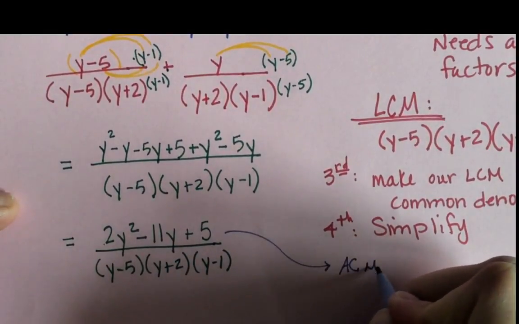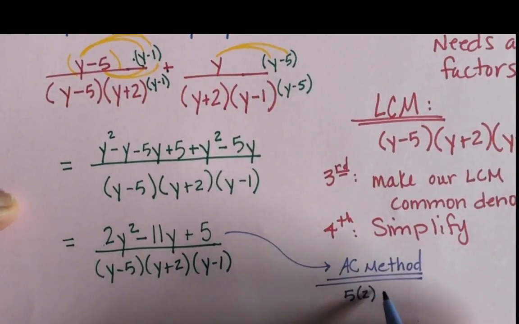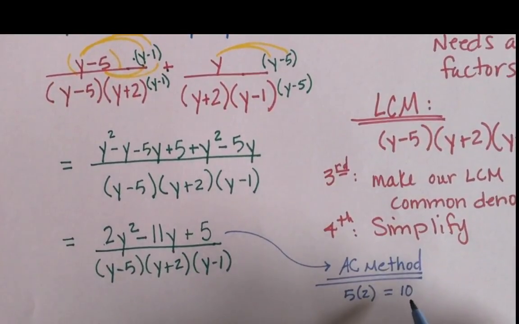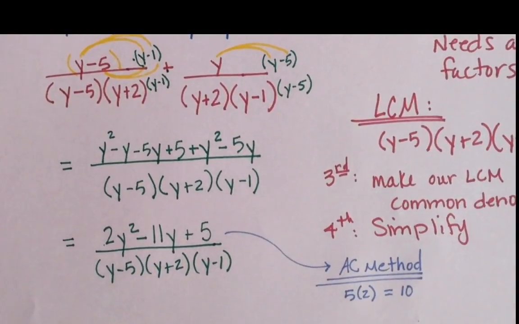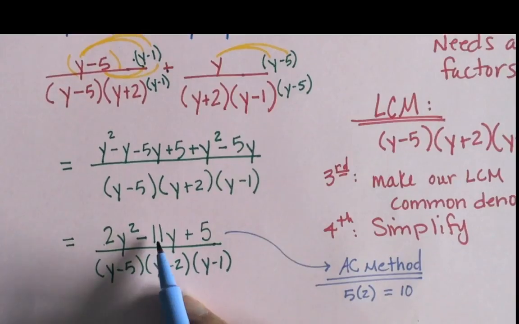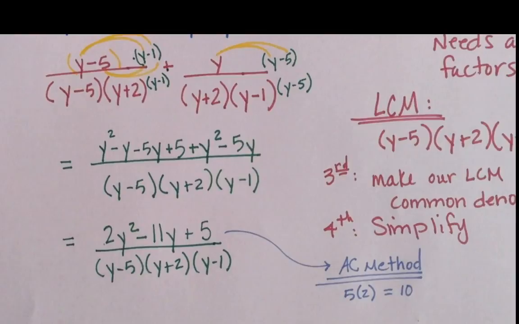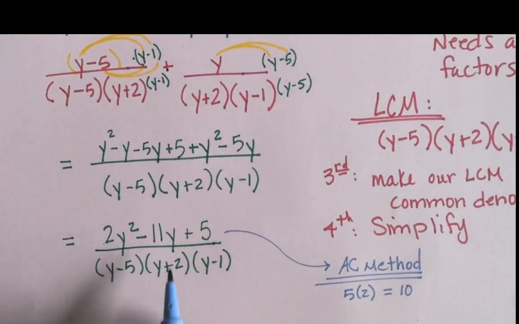AC method, just to check, 5 times 2 is 10. And how do I get negative 11? Well, does that break down? What are the factors of 10 that could break down and get me negative 11 in the middle? And at least from what I can tell, 1 times 10, 2 times 5, we're not going to get any of that in the middle.